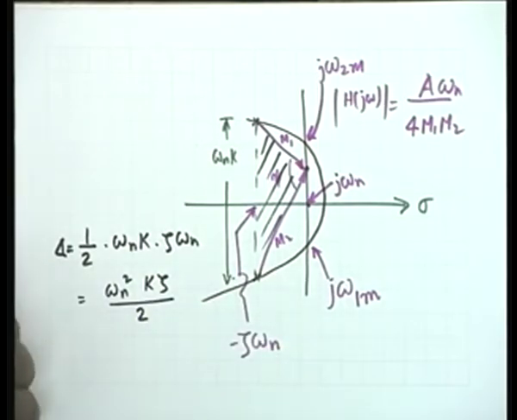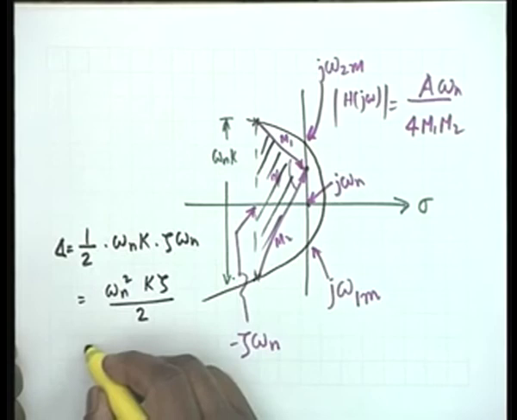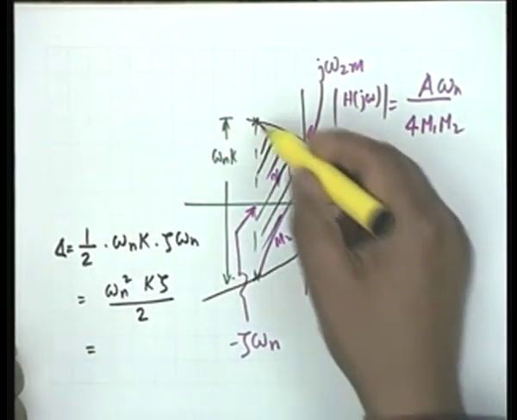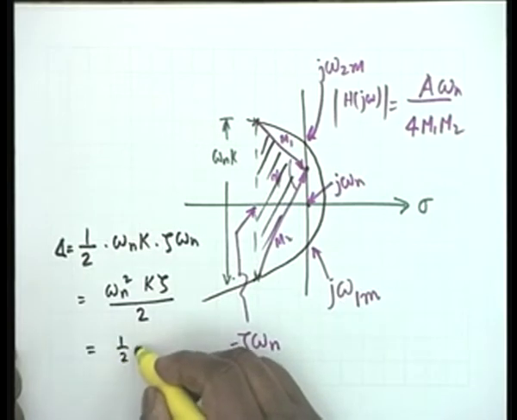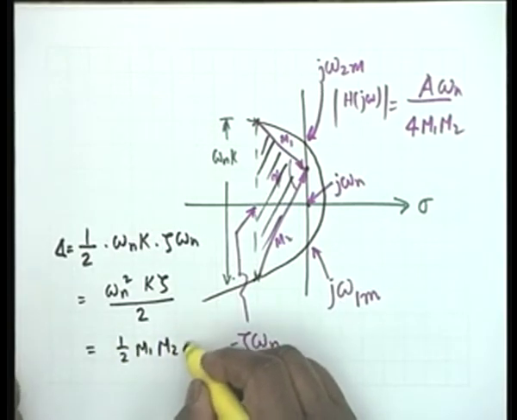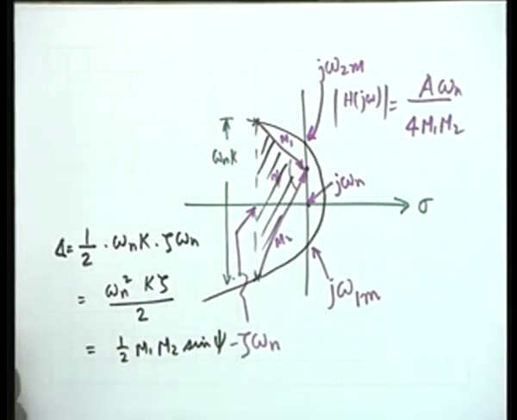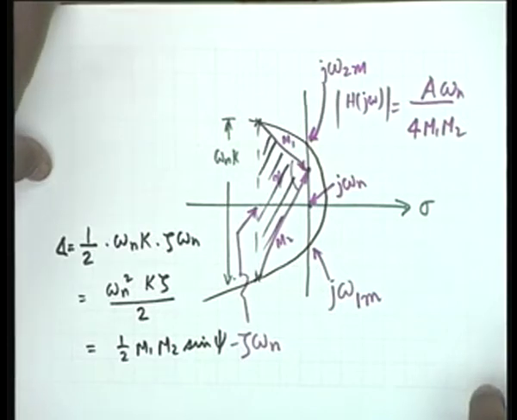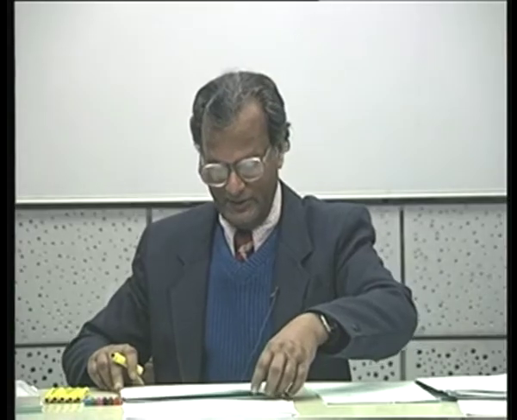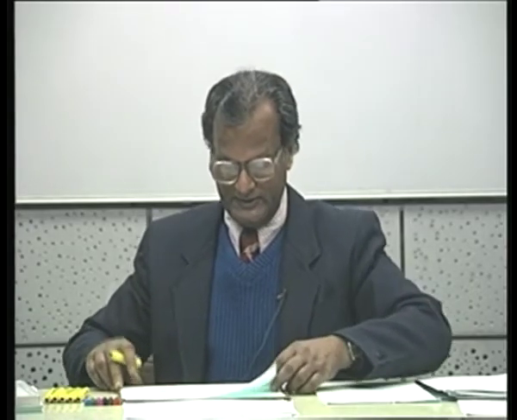All right, and it is also equal to a triangle with the two sides given and the included angle. So, it is half m1 m2 sine of psi. This is simple trigonometry, and therefore I get the value of m1 m2 from here.